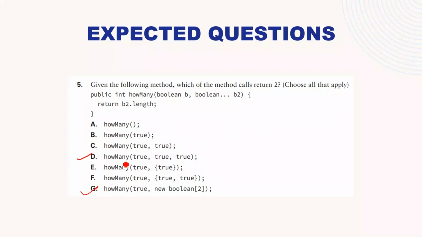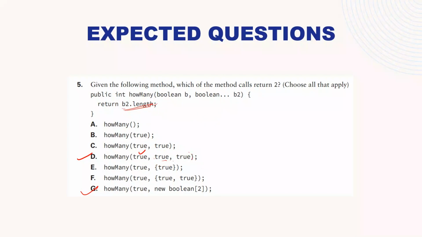Because option D passes the initial parameter plus 2 more to turn it into a var array. Okay, I hope that is clear guys. So this one is boolean, so this true is going for that, and these two are going as var parameters. So when I say b2.length, I'm getting 2 as the length because there are two true values inside this var parameter. So I hope that is clear guys.